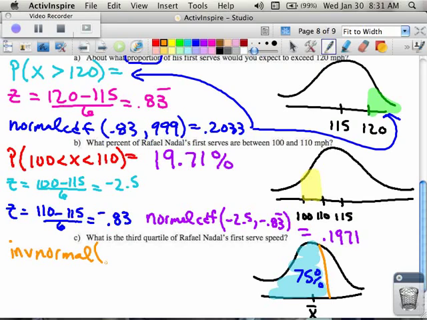Remember, this is giving my z-score of 0.75. The z-score that I find is 0.67. This is my z.